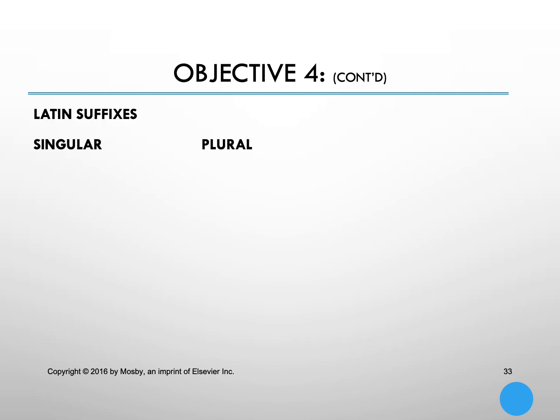So let's look at some of these Latin suffixes and how they magically change from singular to plural. So the first example is the suffix A. If we are going to change it to the plural form, we add an E, and it becomes AE. Okay? If the singular form ends in AX, that becomes ACES, okay?